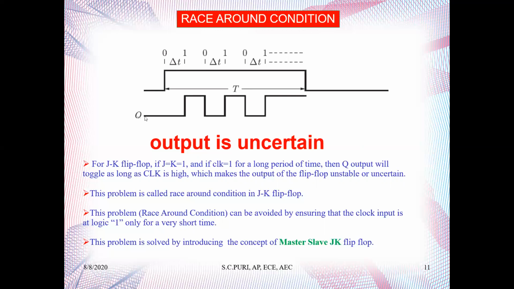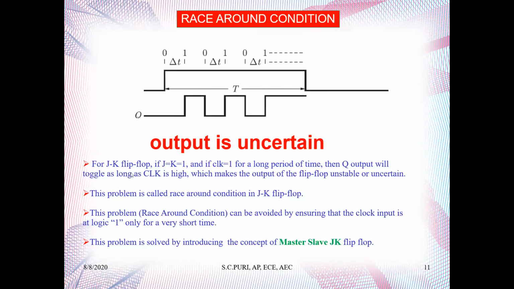Suppose this is Q, and at this point it goes back to 1, but even then the clock is still active, so it will go on and on. If the clock duration T is greater than the flip-flop's propagation delay TP, the circuit will remain active and go 1, 0, 1, 0, 1 and so on. This becomes uncertain, because when the clock finishes, we don't know what the output will be. That is the uncertainty.